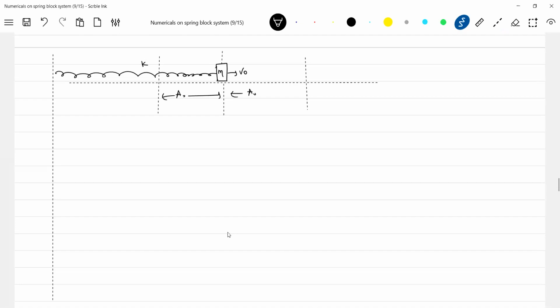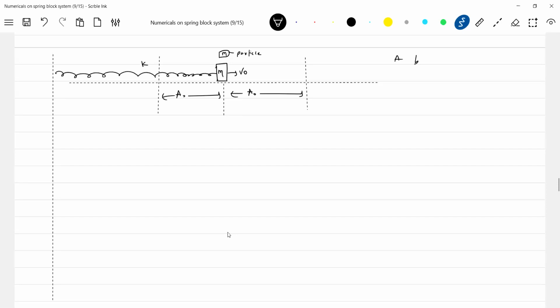This is the initial amplitude. When it is at the mean position, I'm going to add a small particle. Let it have mass m. There's a particle, or some putty it is called, like a sticky dough. Once I add it, it will get stuck to this.